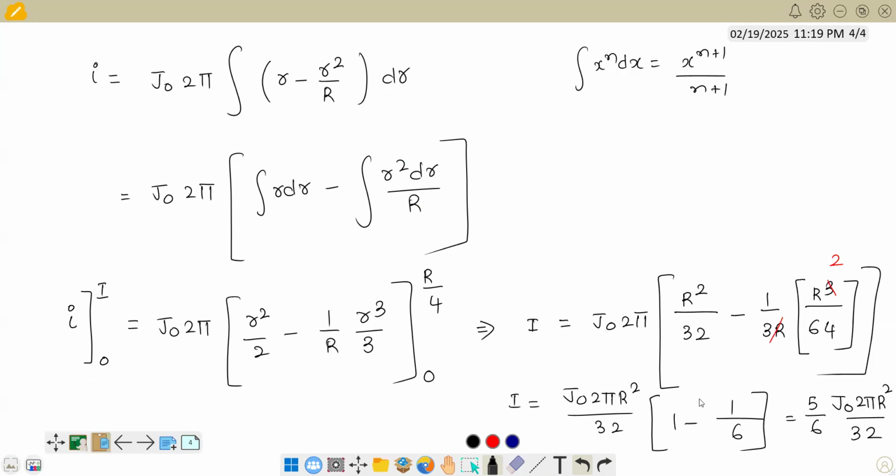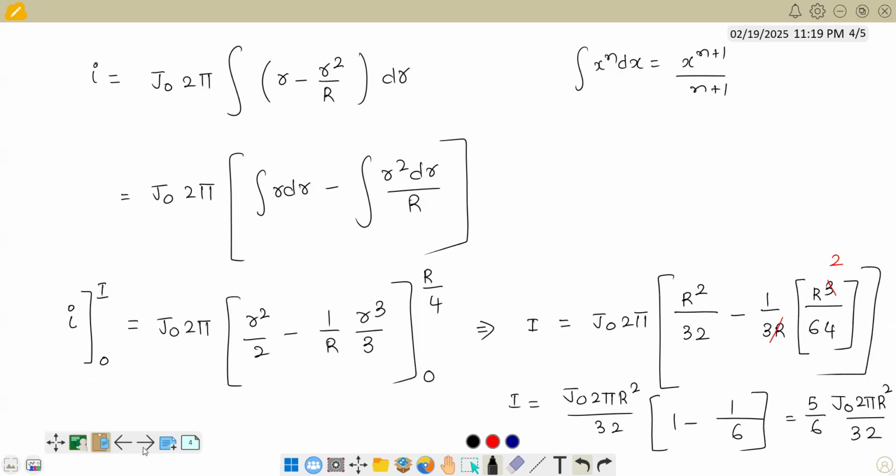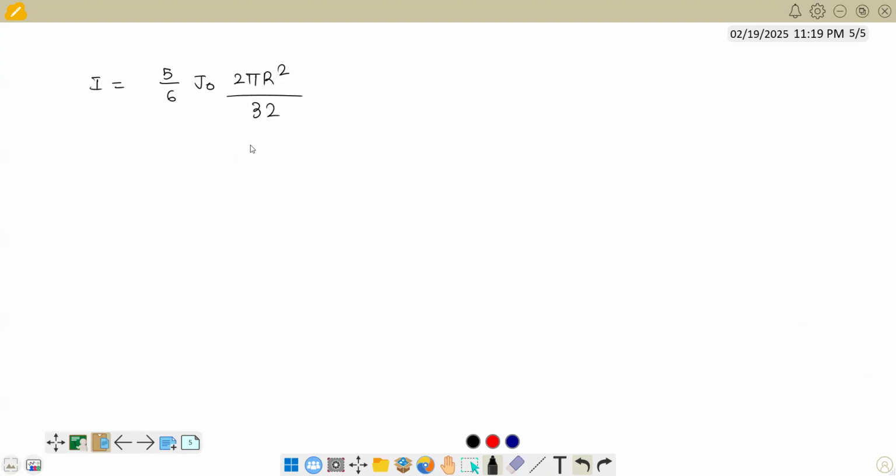We can cancel the 2 three times. So I'll get 5 by 96 J naught into pi into R square. This is the final value that we obtained in the given problem.